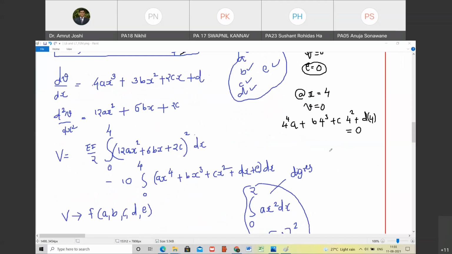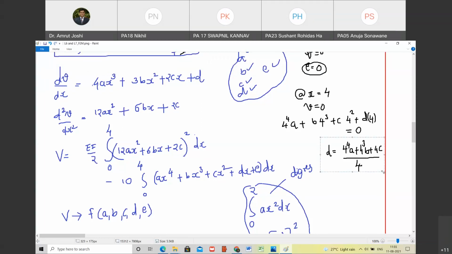Yes, sir. So what is the value of D? D has to be equal to, please tell me, 4 raised to 4 A plus 4 cube B plus 4 square C divided by 4, with a minus sign. Okay, great. That may be the mistake.